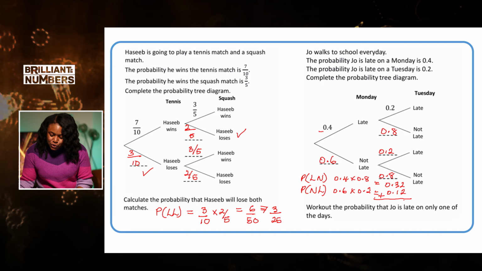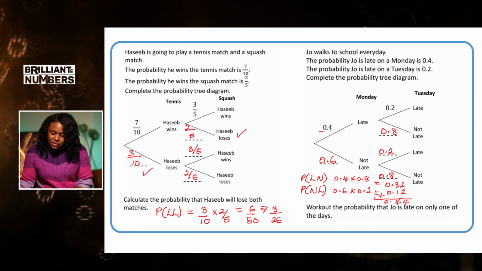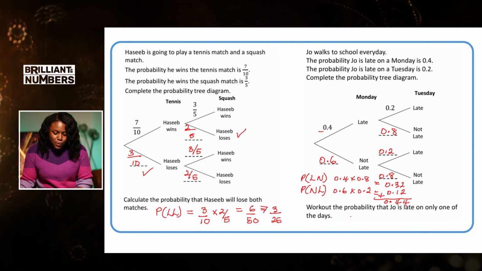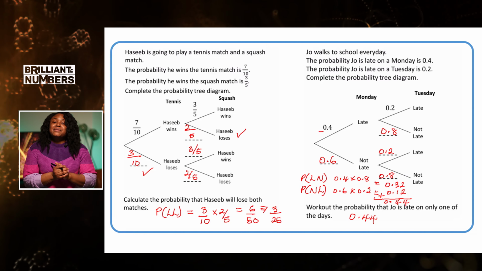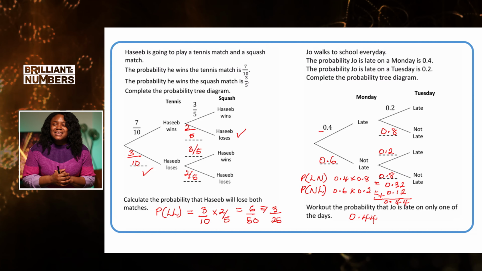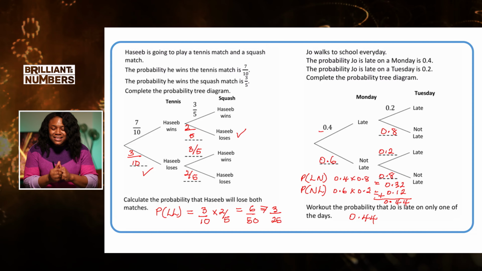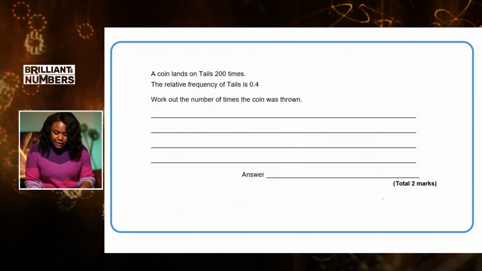So 2 plus 2, that's 4. 3 plus 1, that's 4. So the answer here is 0.44. And then we simply have completed 2 questions on the probability tree. Brilliant. Awesome. So we're going to go on now to our next question.